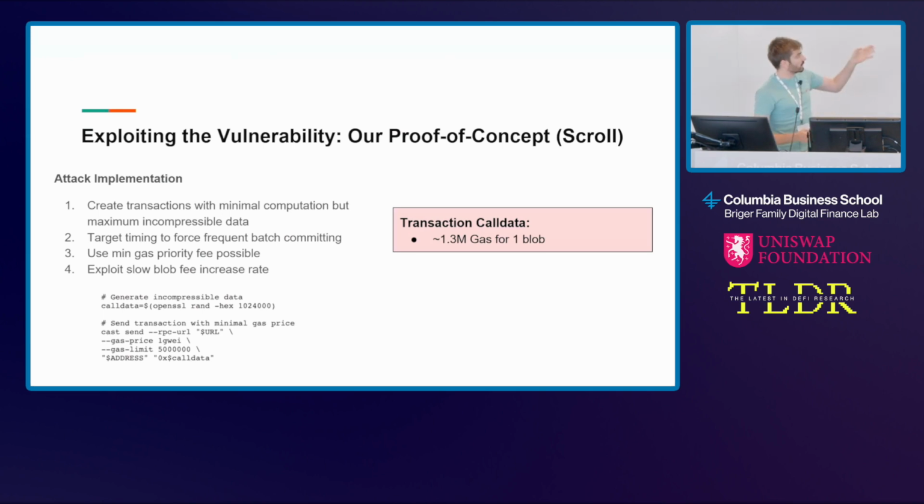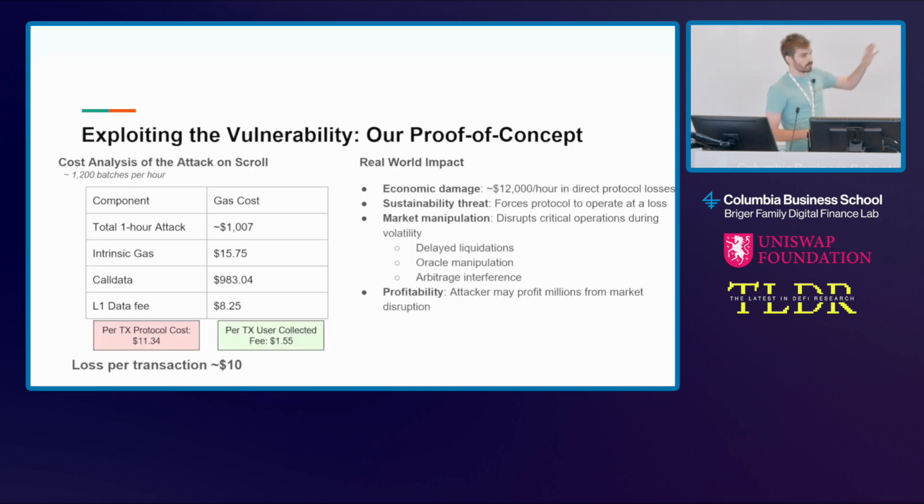So what we achieve here is two things. First, we perform a denial of service because other L2 users won't manage to get transactions in, but also we have some economic damage. We computed that in Scroll, in 1 hour, we can create 1.2K batches. And that will cost the attacker a bit more than 1K.